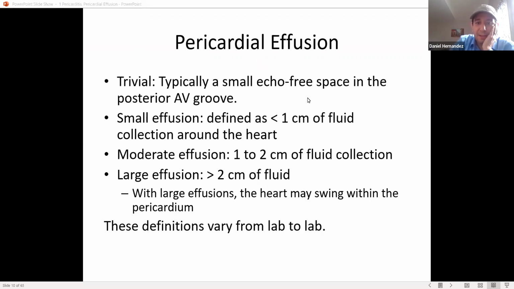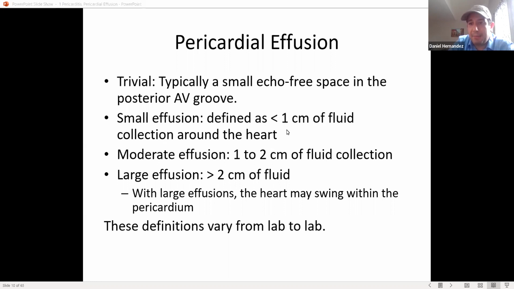Small is defined as a fluid collection of less than 1 centimeter seen around the heart. So if we see a collection that's more circumferential, surrounding the heart, but is less than 1 centimeter, that could be considered a small effusion.